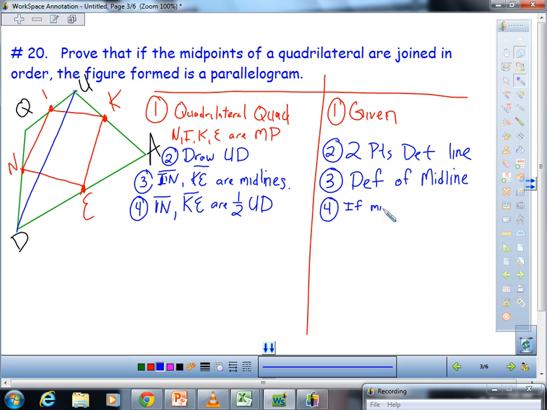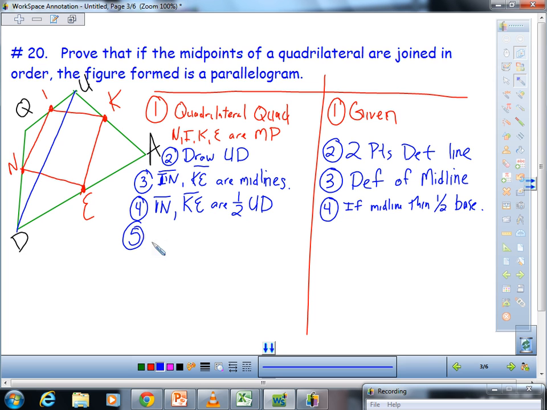If midline, then half base. I kind of made that up, but it works. And you guys are going to have to start doing that because we have so many theorems. You're just going to have to go with it and trust yourself. There might be a better way to write that, but if you wrote that on a proof, I would understand that you knew what you meant. Okay?